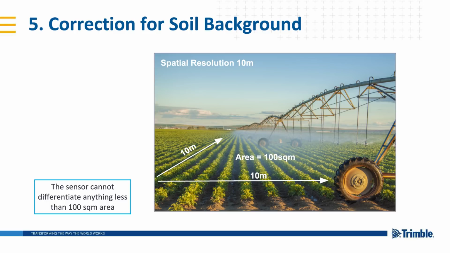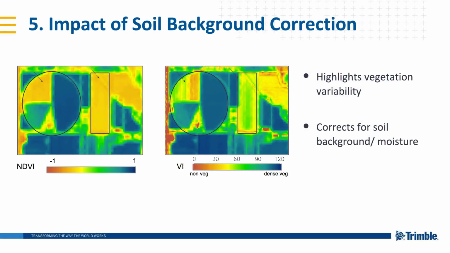mislead your scouting. Here's an example of NDVI and Trimble's crop health imagery in the same area and same date. As you can see, crop health imagery highlights the field variability. If you look at that pivot for a second, you'll see a section where NDVI did not show any difference. It's all orange.